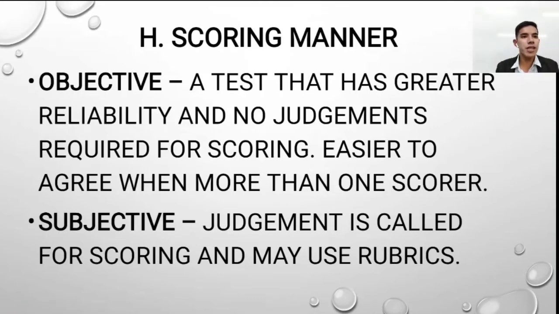Okay po, you have the objective and subjective. Kapag objective, again, andun na yung tamang sagot, ito yung tamang sagot, yun lang. Direct to the point. And subjective, there's no very specific right answers, but you have to create a rubrics kung ano ba yung mga criteria na kailangan ma-meet ng students in a subjective types of test.